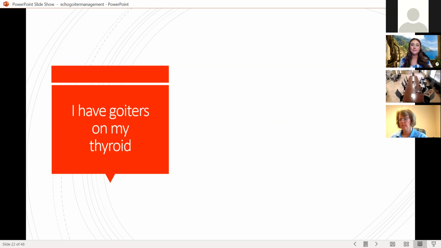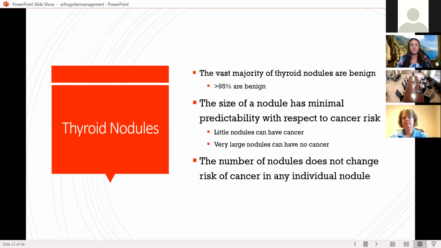Next slide. Okay, so if your patient says, I have goiters on my thyroid, so then we think, of course, about thyroid nodules. Next slide. So thyroid nodules are extremely common. If I took our ultrasound machine up and down the sidewalk, 1 out of about every 3 or 4 people has thyroid nodules, big ones, little ones, they're very, very common.